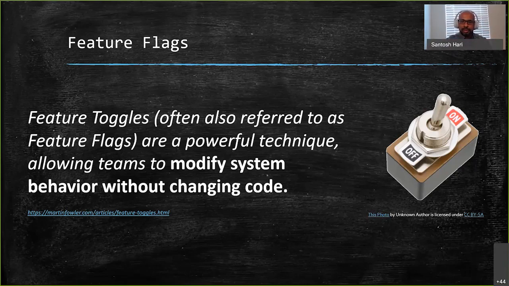These are also known as feature toggles, and they go by different names, which we will try to discuss in this talk. This is basically a set of software patterns which can help a team deliver new functionality to users rapidly and safely.